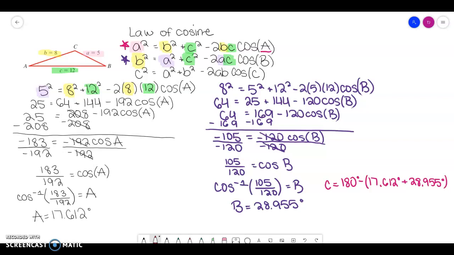And when I subtract this, I do end up with angle C equals 133.433 degrees. And there's my answer.